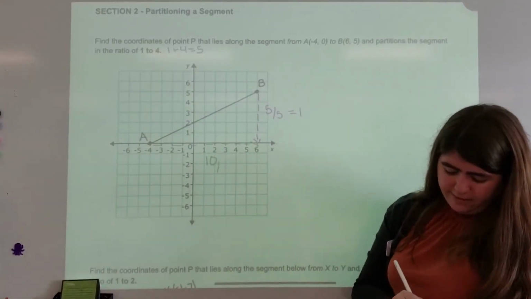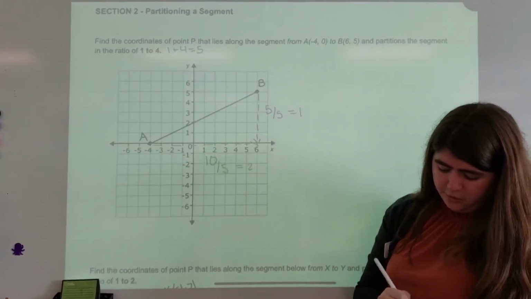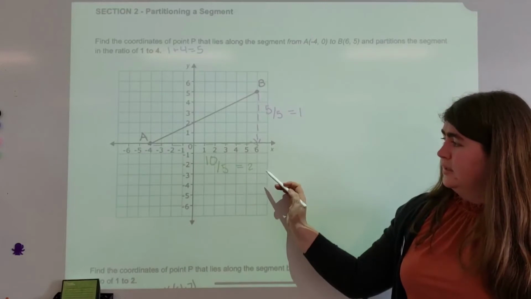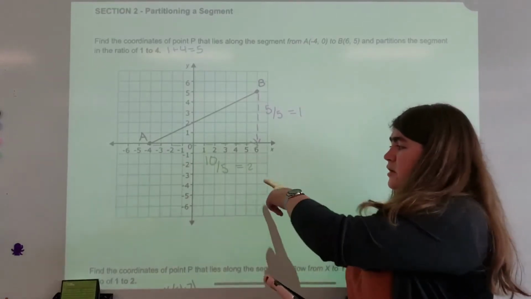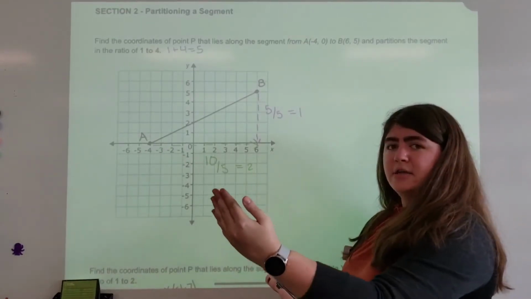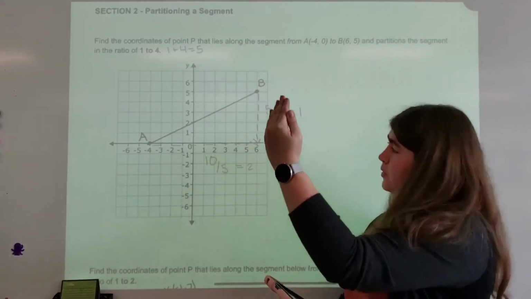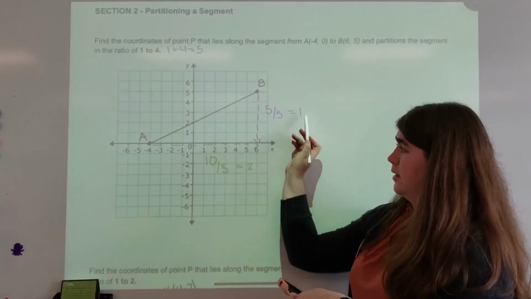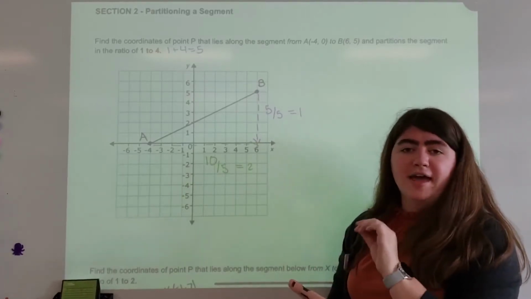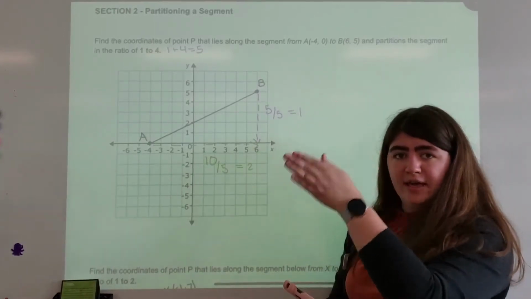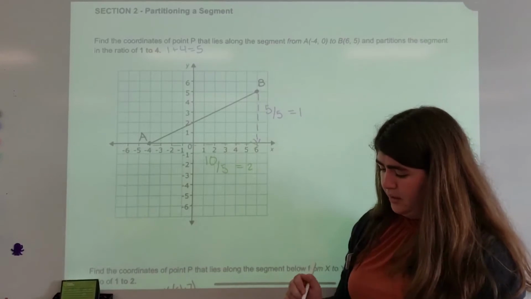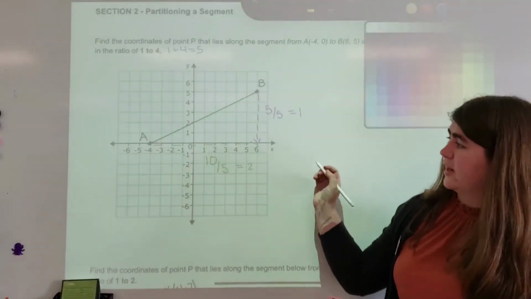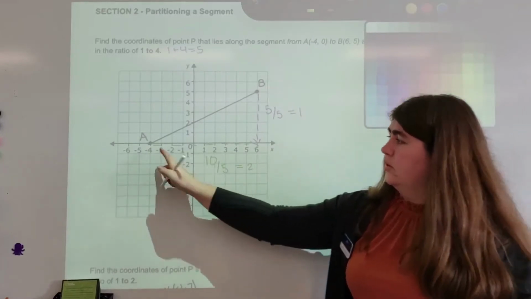So I have 10 divided by 5, which is equal to 2. Where these numbers come into play is that this is telling you that every over 2, up 1 distance you travel, over 2, up 1, that is where you are going to have a cut in your line segment.